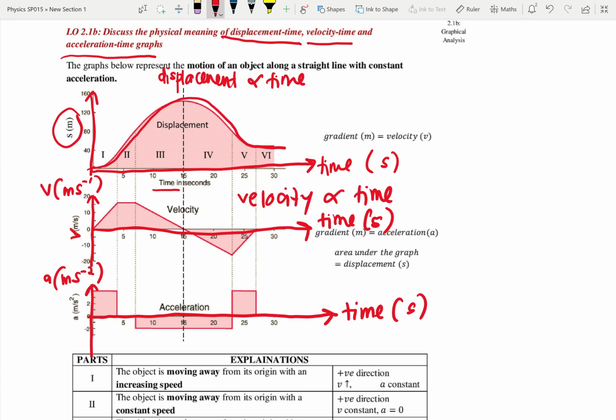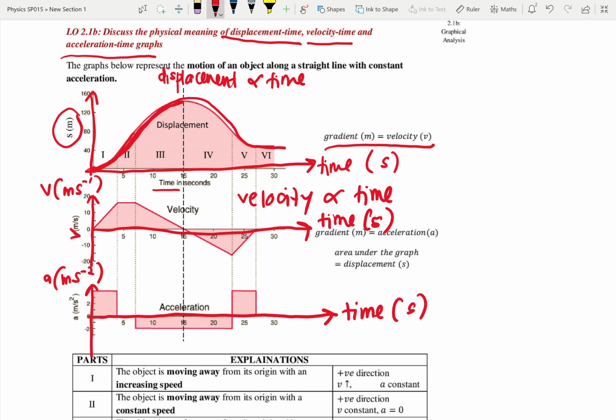So the gradient of the graph of displacement against time represents the velocity. So this is a curve graph. For this area, the gradient is increased, right?